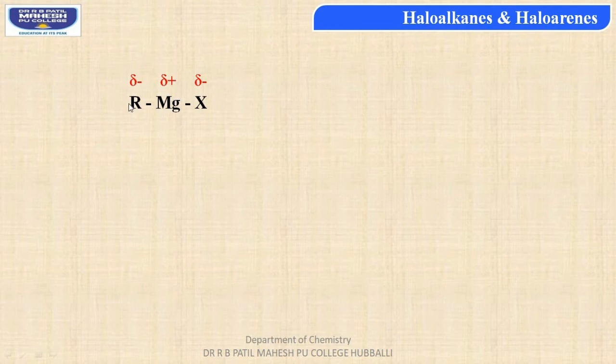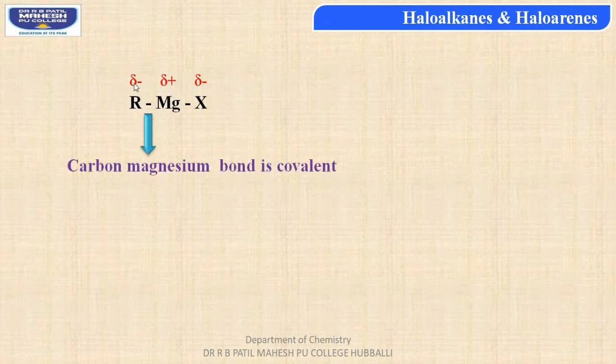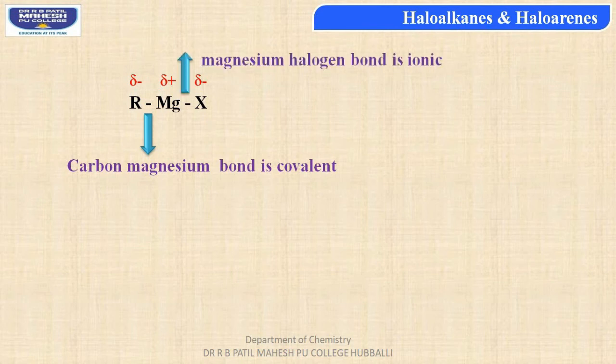Whereas magnesium is a metal, it tends to donate its electrons, so it gets a partial positive charge, whereas the alkyl group gets a negative charge, delta minus. Now students, the magnesium halogen bond is an ionic bond, whereas the carbon and magnesium bond is a covalent linkage.